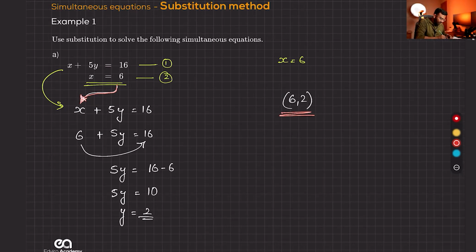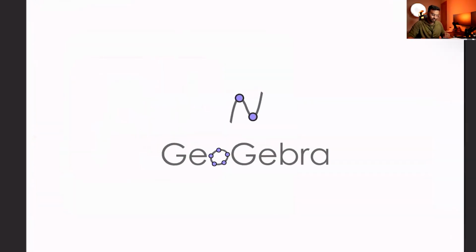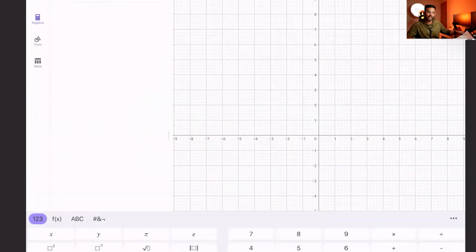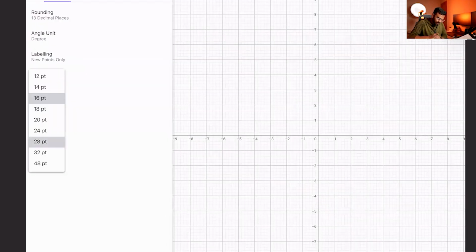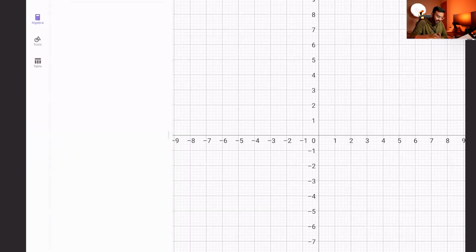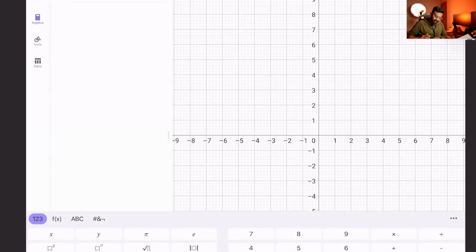This is x plus 5y equals 16, x equals 6, okay? So I'm going to go out to our app, I love this app. We'll come back, guys, just a second. Are the numbers visible to you guys? Yeah? I'm just going to type in the same equation.